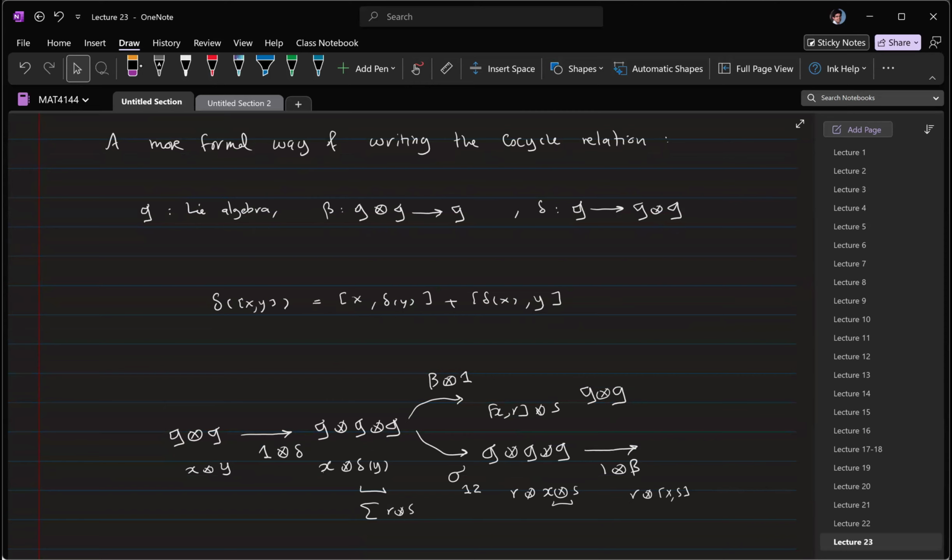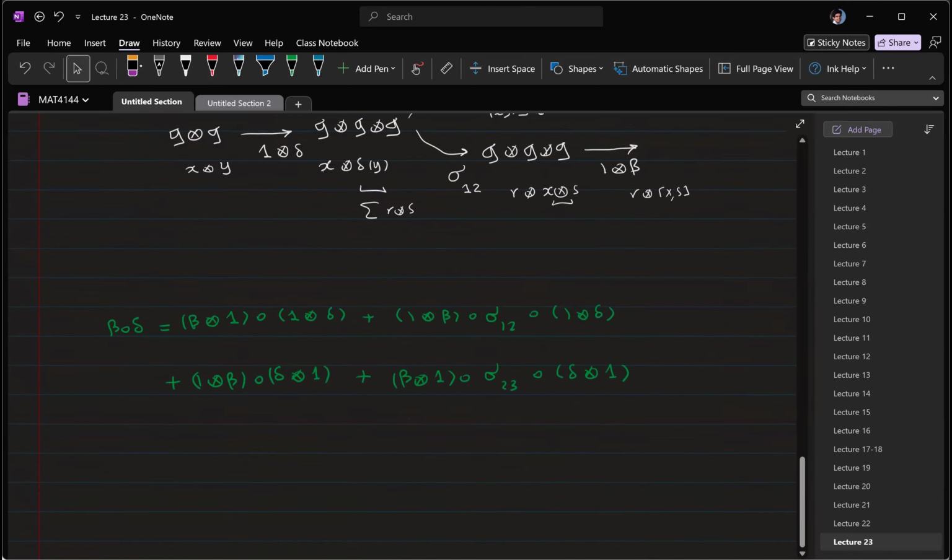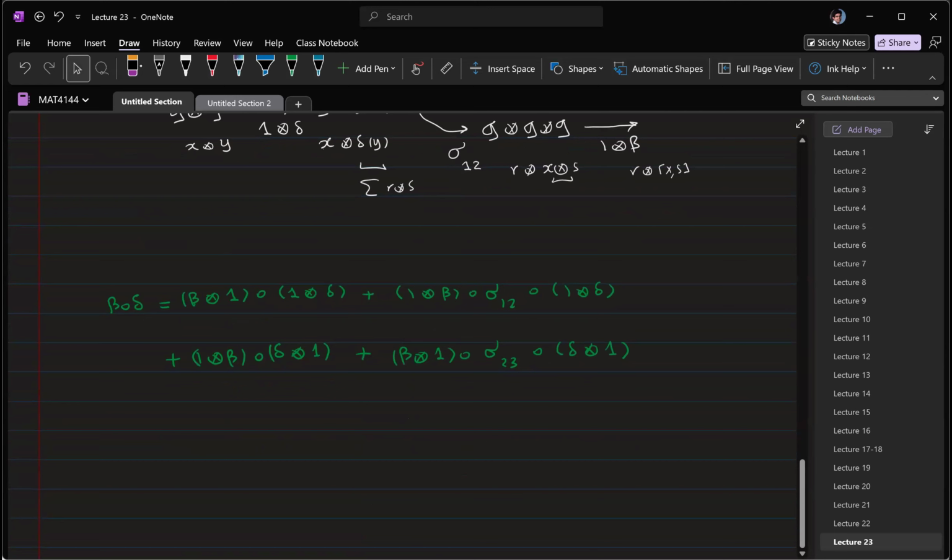And then beta should play the role of the coproduct. In other words, beta star should go from G star to G star tensor G star, and it should play the role of coproduct. But when you dualize this relation, you don't quite see how beta and delta switch their roles. So this is not quite symmetric looking with respect to beta and delta.